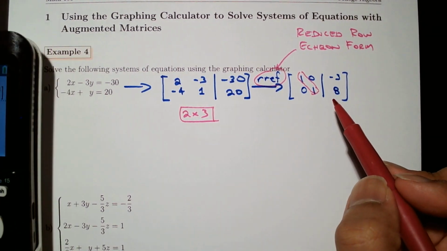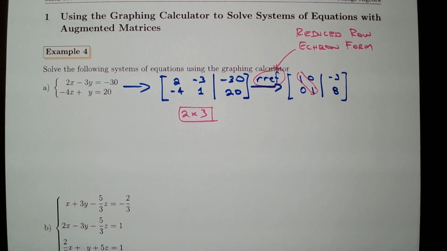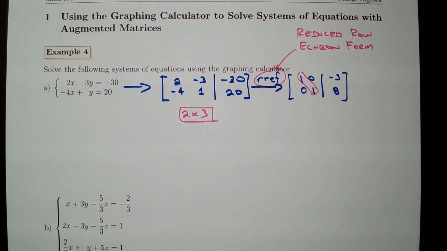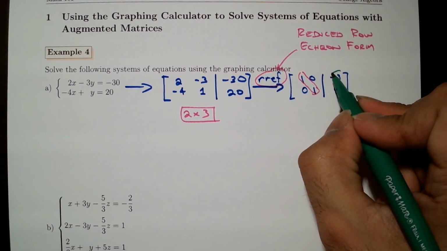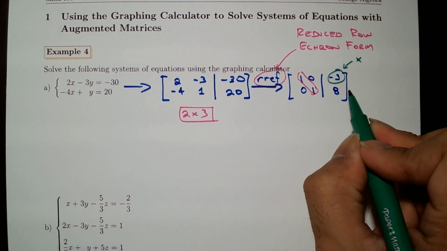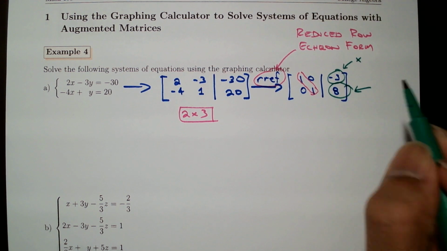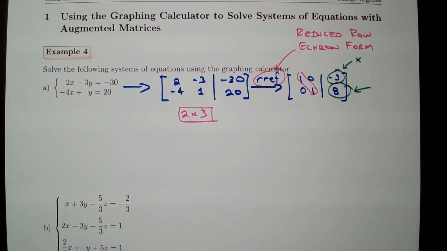Now, when we decode this matrix into a system, this is going to be our X, and this is going to be our Y. But why in this case? Well, how come that happens?